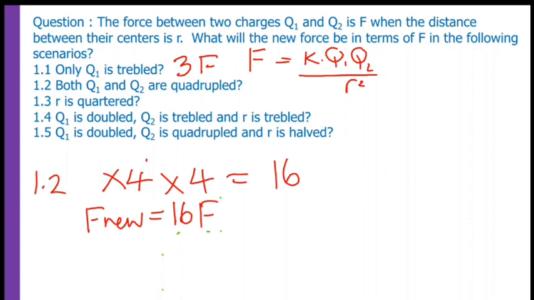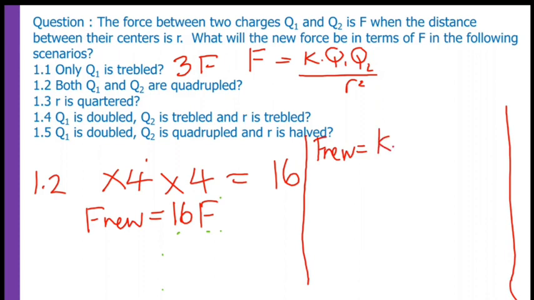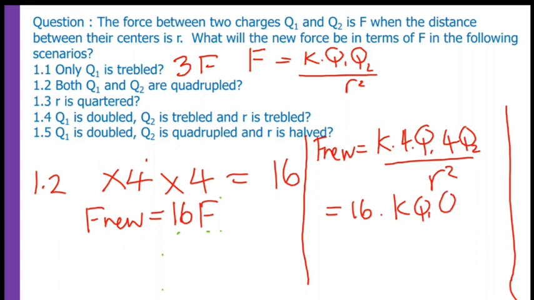And again, we can prove it by doing the long algebra process, where we say the new force is going to be K times 4Q1 times 4Q2 all over R squared. The 4 times 4 becomes 16, so this is 16 times K Q1 Q2 over R squared. And we know that K Q1 Q2 over R squared is the same as F, so this will give us the force as 16F. So here the answer is 16F.